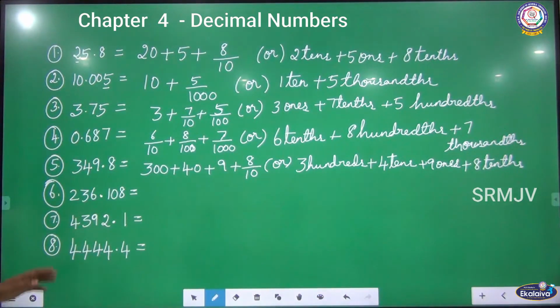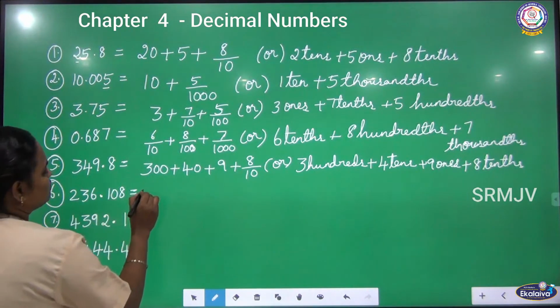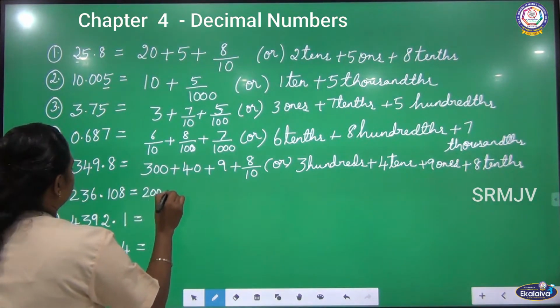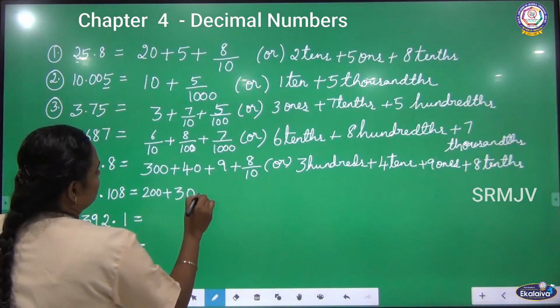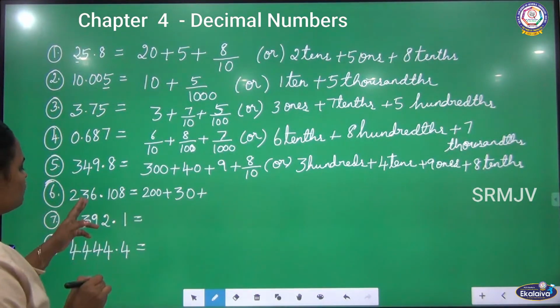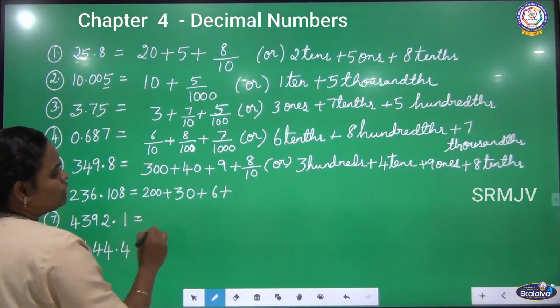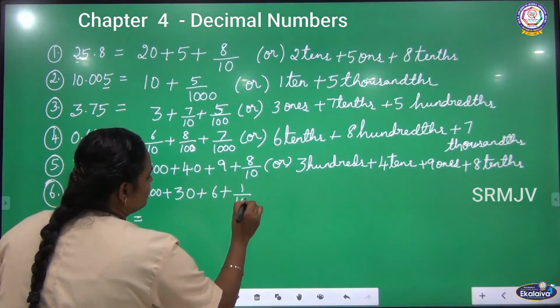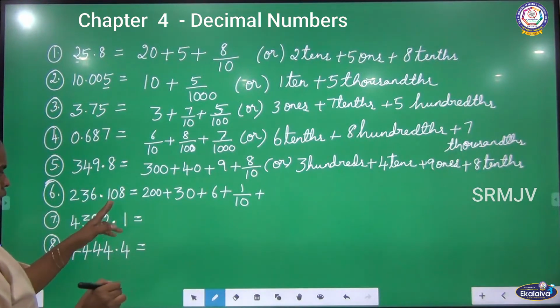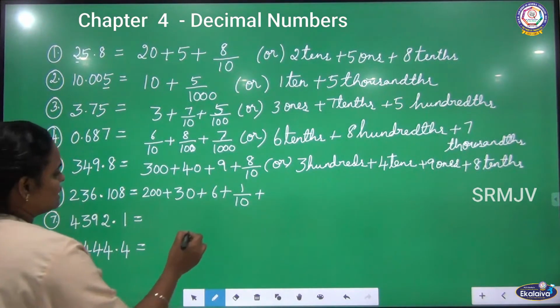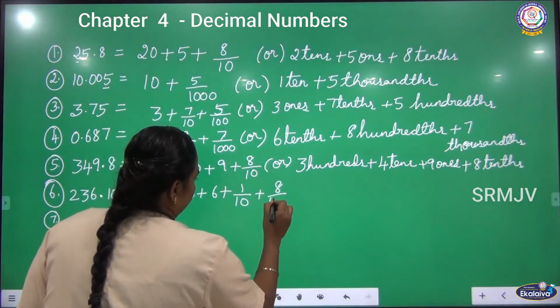Next one, 236.108. So place value of 2 is 200, plus 30, plus place value of 6 is 6 ones. Next place value of 1 is 1 by 10, plus 0, no need to write. So place value of 8 is 8 by 1000.